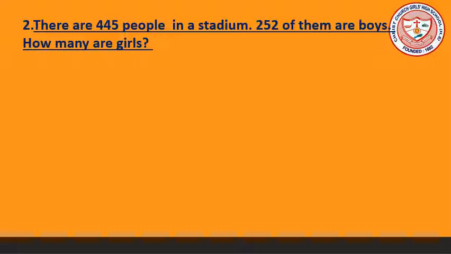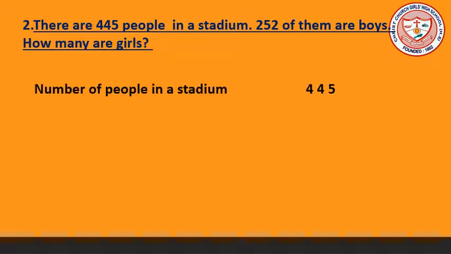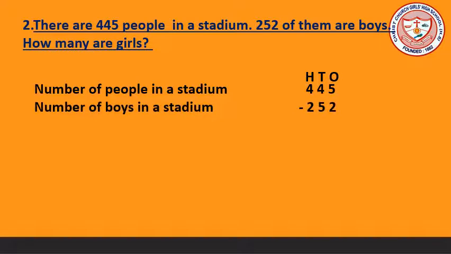So let's start writing. Number of people in a stadium, 445. The second statement is number of boys in a stadium, 252. And we are going to do subtraction over here.